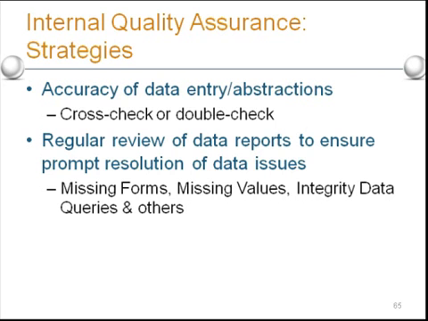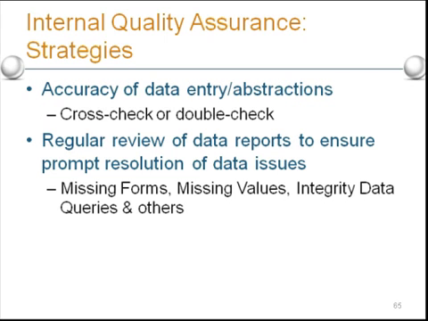Okay. Another area where internal QA can go a long way is in the accuracy of data entry or abstractions. Fortunately, we are able to do a lot of direct entry now, but there are still some forms or some areas of the trials where we're still entering data from a paper source document.